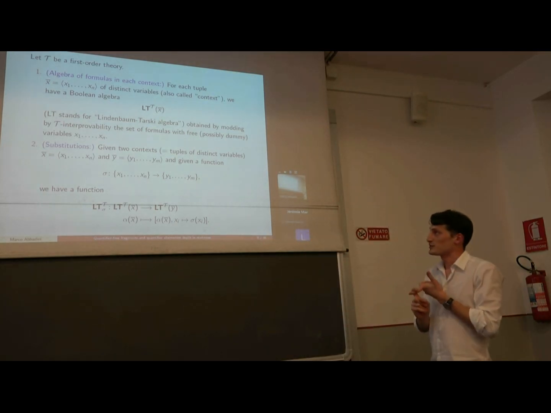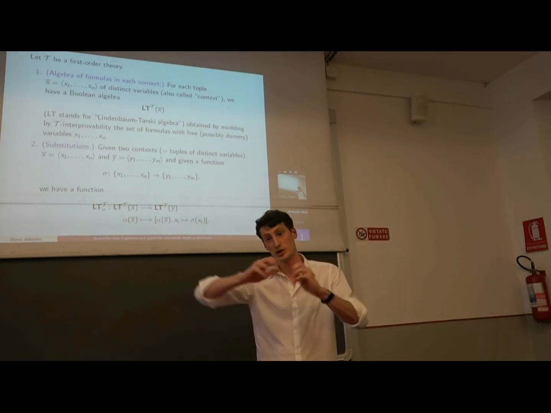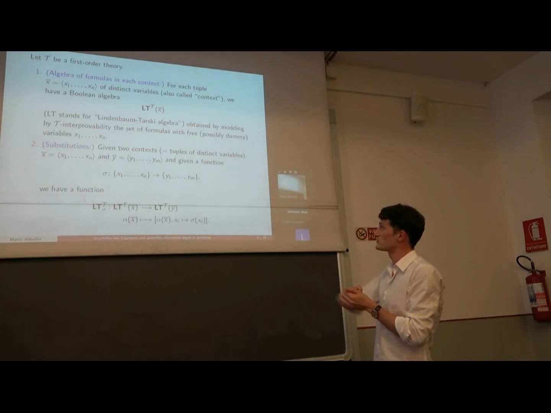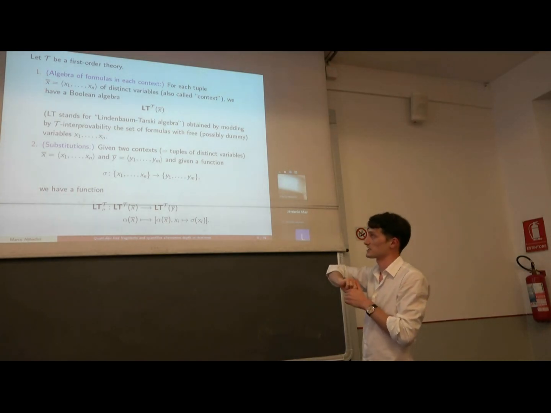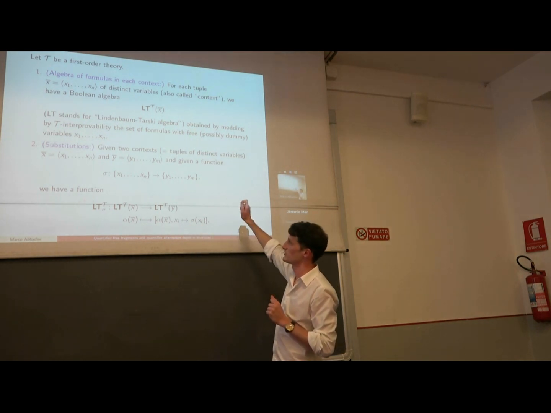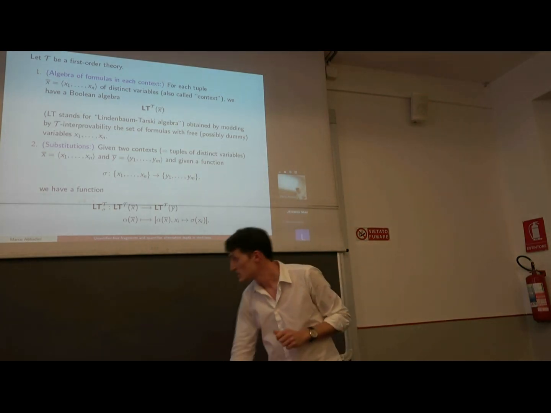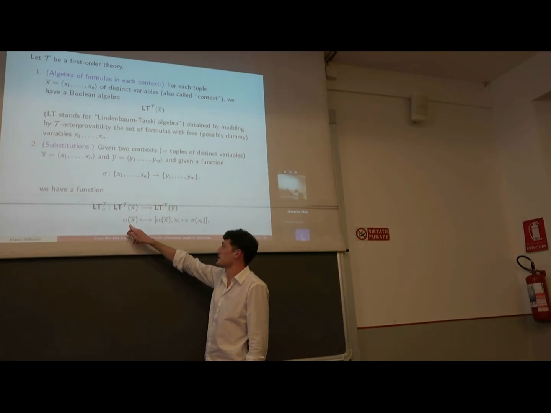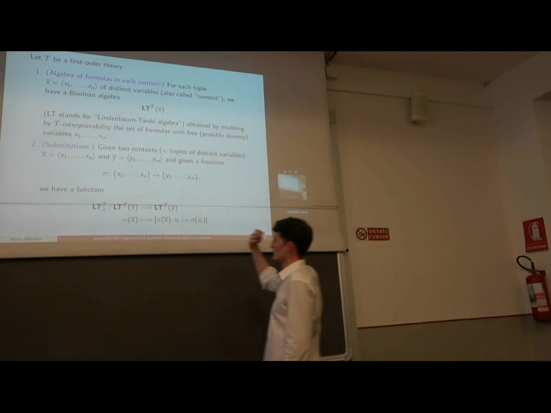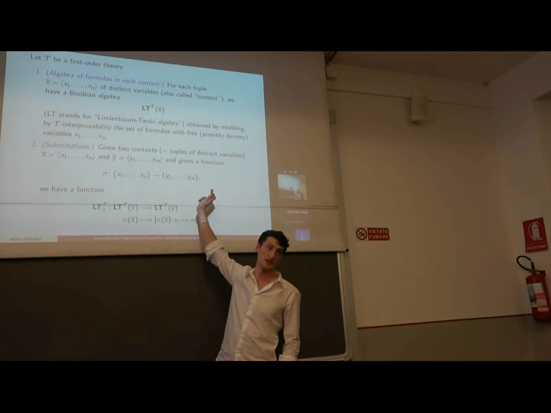And then, the second component of the algebraic structure is something that connects all these Boolean algebras, which are substitutions. So if I have two different tuples of distinct variables, x1, ..., xn, and y1, ..., ym, and you have a function from the first set of variables to the second one, then you also get a substitution, where given a formula with free variables in x, you get a formula with free variables in y, where you replace each variable xi with the value that the substitution takes.